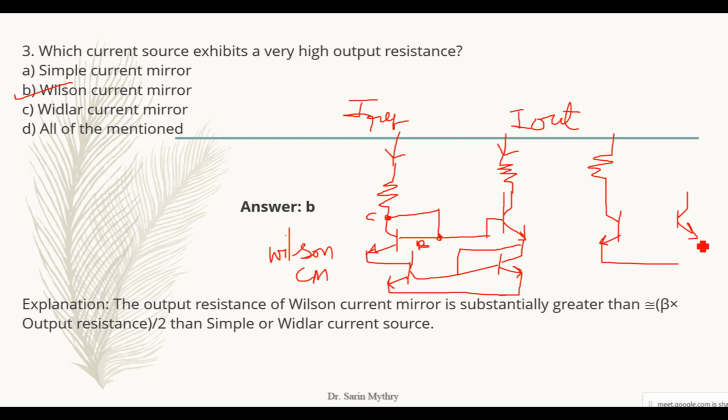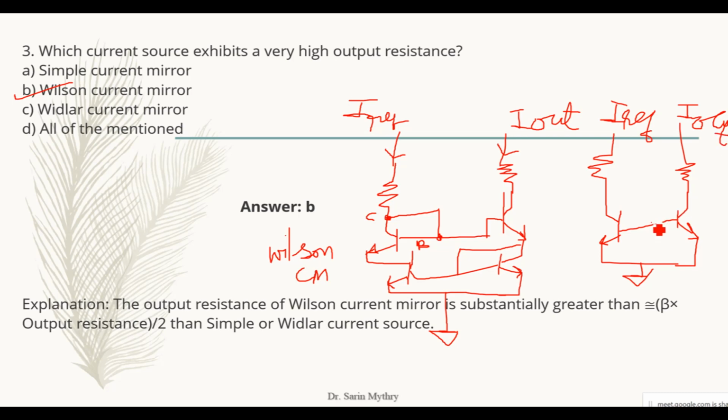Again at the bottom I need to draw a ground terminal here, and here also one ground terminal, where the bases are connected directly here, and this one goes to the resistor, and here it is the I reference. It is the I reference current flowing through the mirror circuit, and this will be the reflection of that I reference, that's the I output.